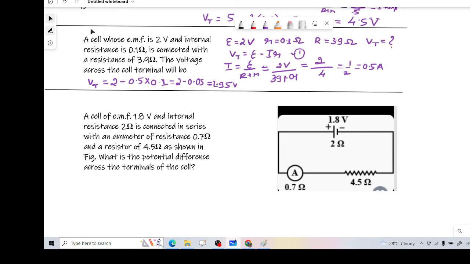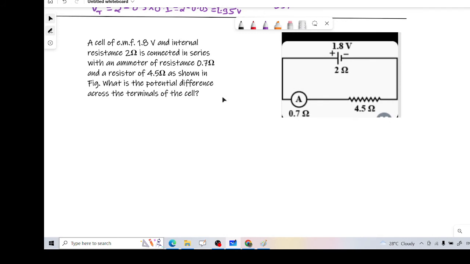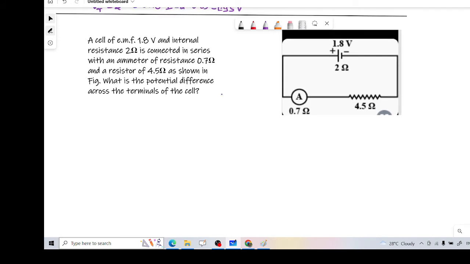Next one. So the next one is very interesting. See here, they have given us a cell of EMF 1.8 volt, and again there is an internal resistance of 2 ohm, and it is connected in series with the ammeter resistance, which I am mentioning as RA, that is 0.7 ohm, and an external resistor that is 4.5 ohm, as shown in the figure.